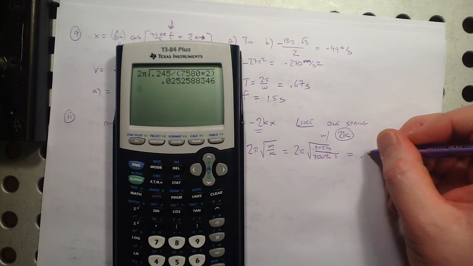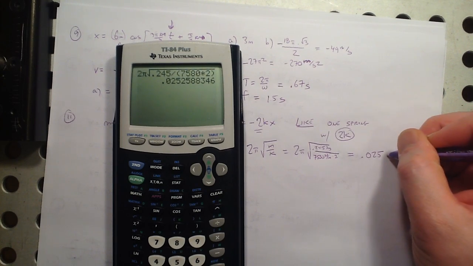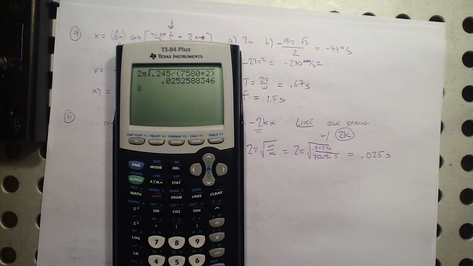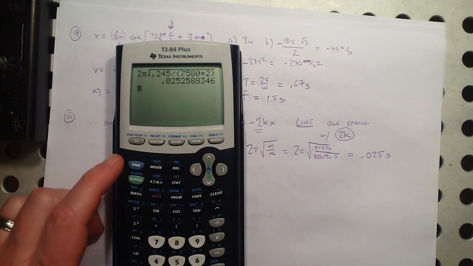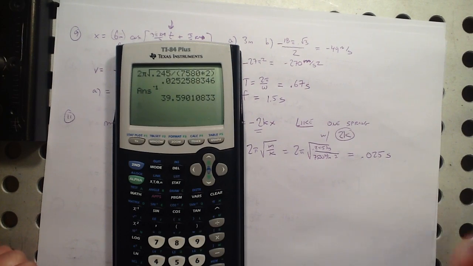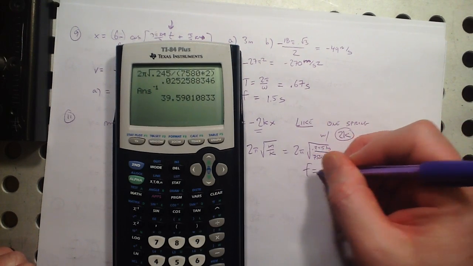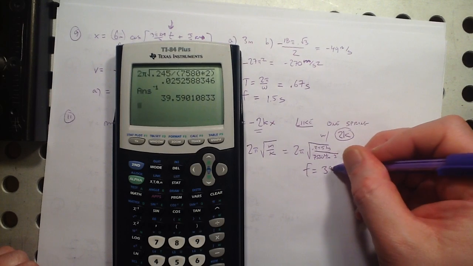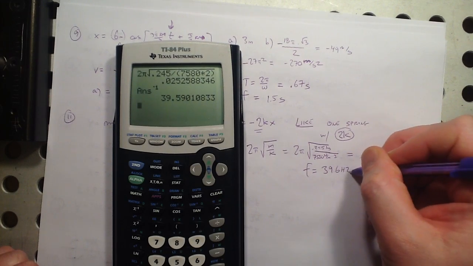That gives me 0.025 seconds, but I was looking for the frequency. So I'm going to flip that over, x inverse. That gives me a frequency of about 39.6 hertz.